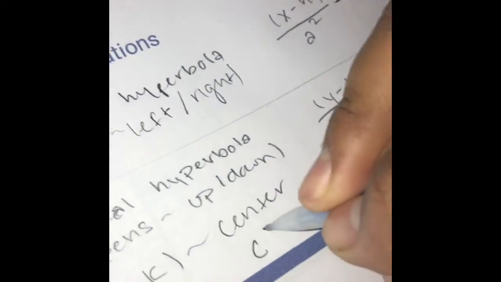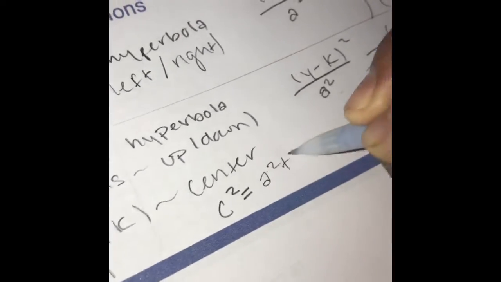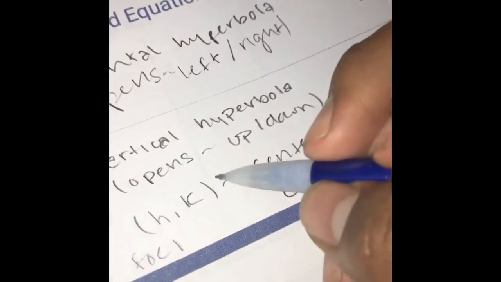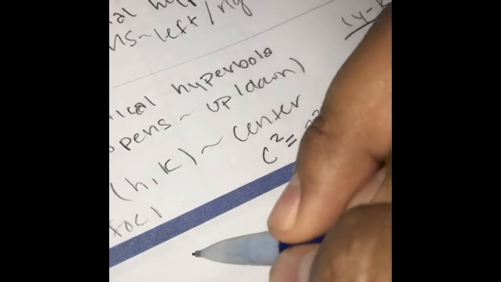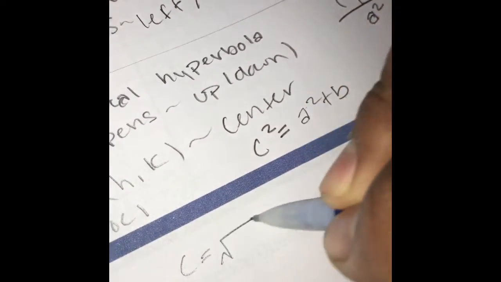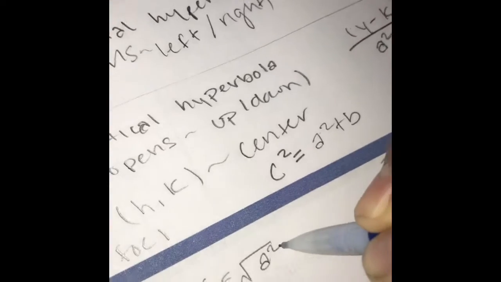For example, there's the Pythagorean theorem, which is a squared plus b squared equals c squared. And there's also another form of it, which is c equals square root of a squared plus b squared.